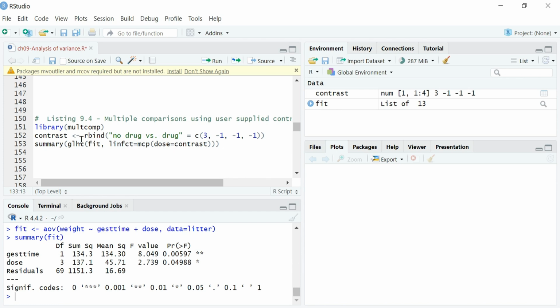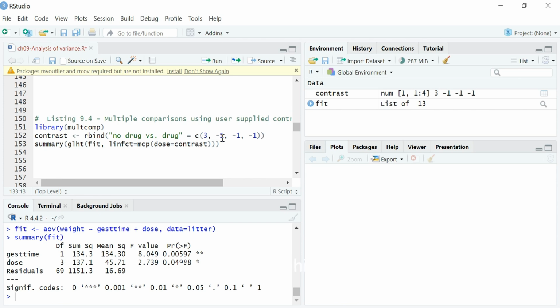So we can make this kind of comparison between one group and the other 3. We put the scalar for this group as 3, and the others as minus 1, minus 1, minus 1.